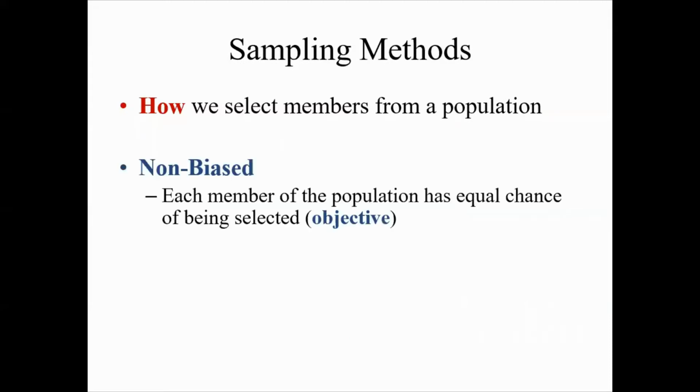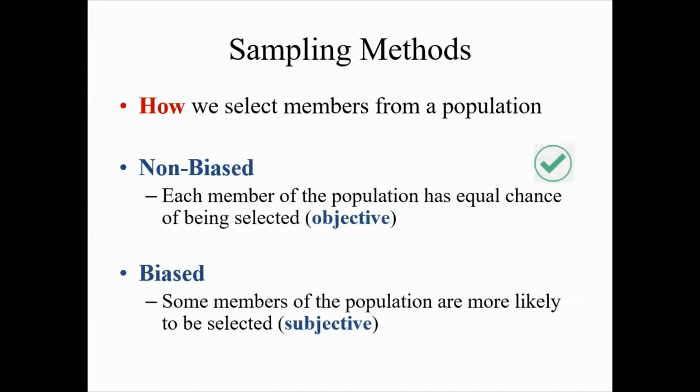All right, so sampling methods are how we select members from the population, right? So there are different ways we can get the information, yeah? Some of them are not so accurate and some of them are more accurate. So we're going to look at the non-biased and the biased, yeah? The non-biased is where every member of the population has an equal chance of being selected.